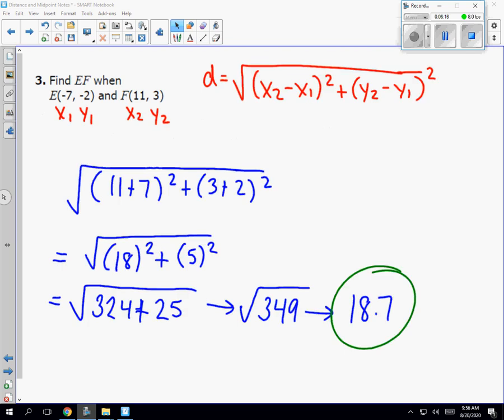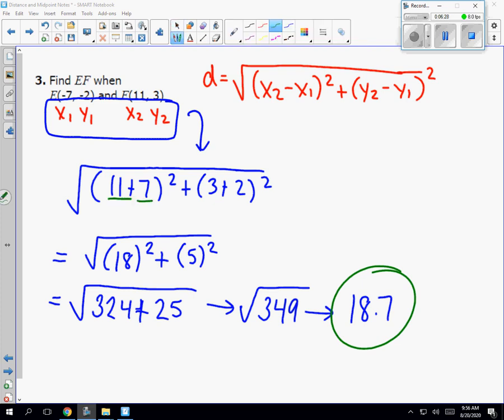All right, so we labeled our coordinates x1, y1, x2, y2, and then we plugged them into our distance formula. So we have x2 minus x1; again, 7 is negative, so when you subtract a negative, it turns into a positive, squared, plus y2 minus y1; 2 is negative, so that turns into a positive.